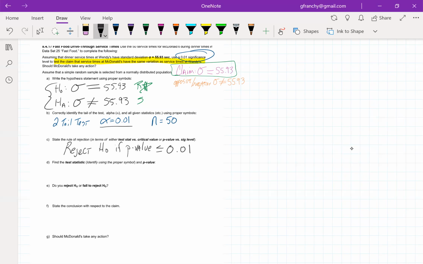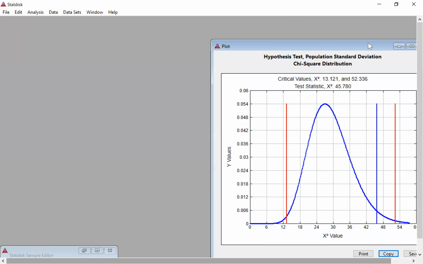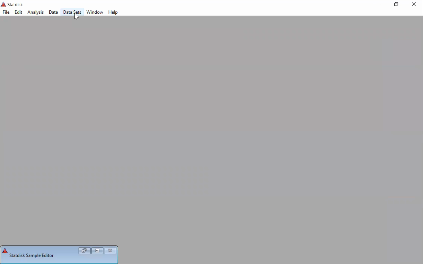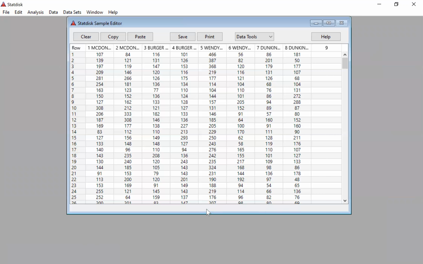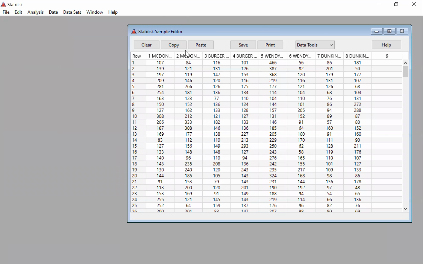So at this point, we're ready to go to Statdisk to figure out what chi-squared is, as well as its associated p-value. So I'm going to switch over to Statdisk, get rid of the previous information, and they said we wanted data set 25, and we want to use the McDonald's dinner times.